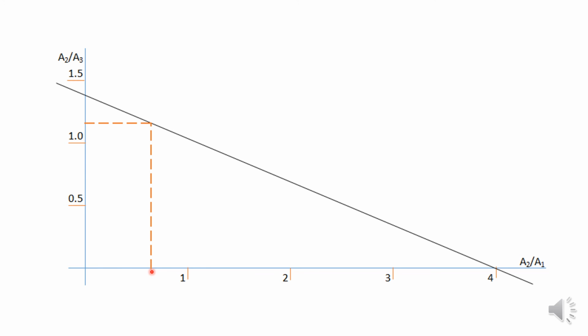About a little less than 1. So the A2 is less than the A1. This would be a satisfactory design from our point of view. Of course you can use various points on the line. I'm just picking one that is suitable for our purposes here.